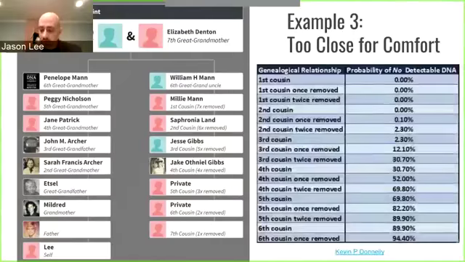In fact, I have a table from the ISOG wiki, and this shows the probability of sharing no DNA at all with various relationships. So you can see there at the top with first cousins, they always share DNA. So the probability of sharing no DNA with a first cousin is essentially 0. As you move down, you get down to third cousins. Some of your third cousins will share no DNA with you. You get all the way down to sixth cousin once removed.